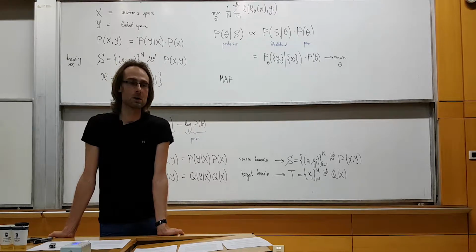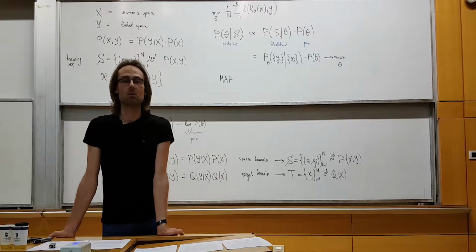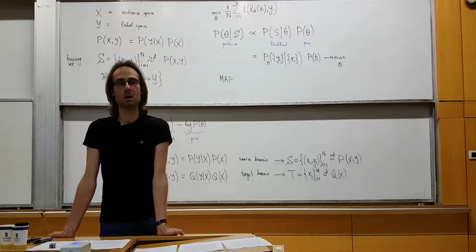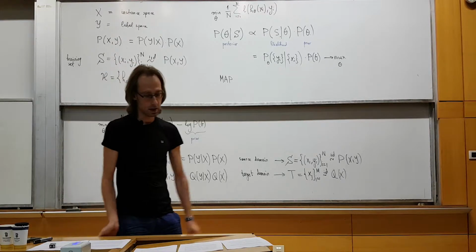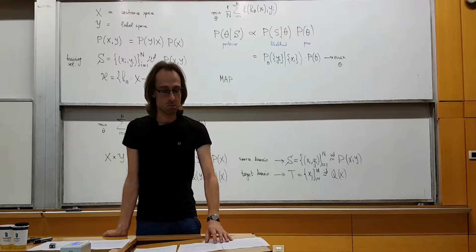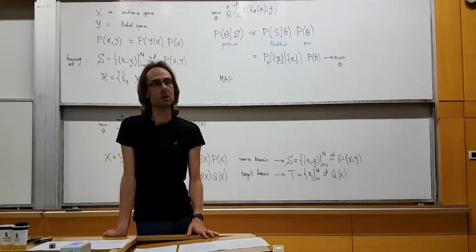And surprisingly, this works without real understanding why. Okay? So I would like to show you something slightly more principled, how actually to take advantage in a more rigorous way of the unlabeled samples.